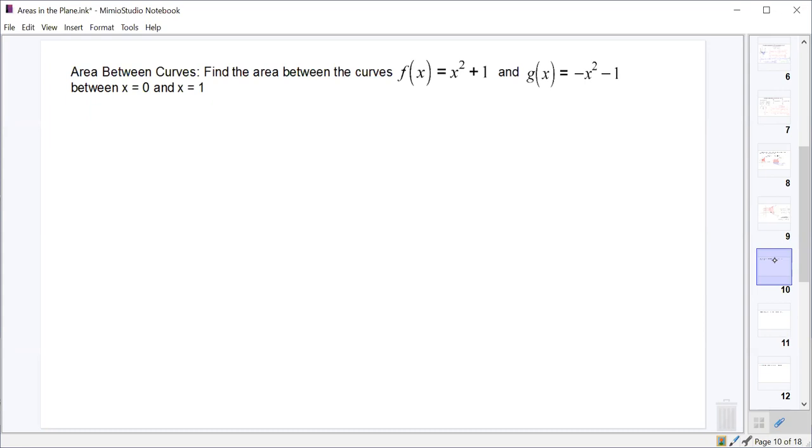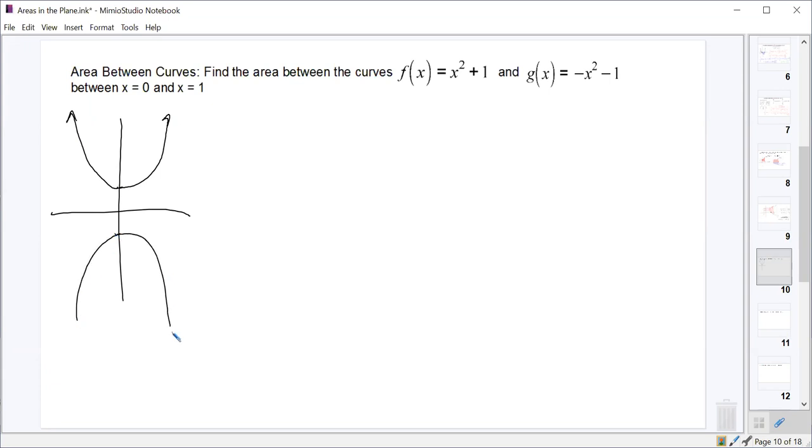Find if there are x-intercepts. All right, so, well, let's first just graph them. Yeah, that's a good start. X squared plus 1 looks like this, right? And negative x squared minus 1 looks like this.